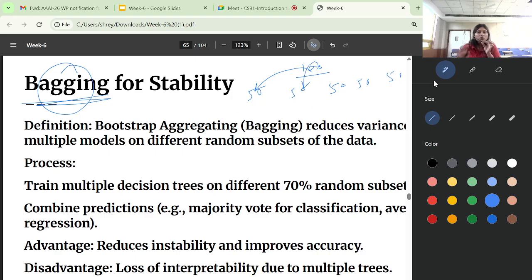These are not mutually exclusive, they can be repeated. Now I train a tree here, a tree here, a tree here. So you are training separate trees for separate subsets of data, and that is called random forest.